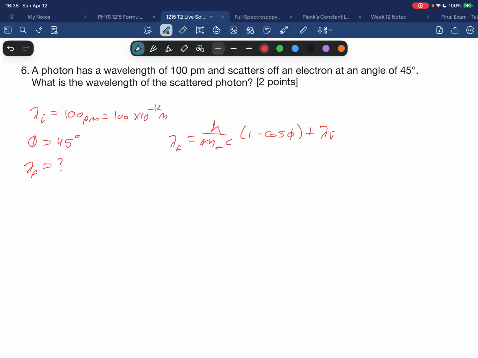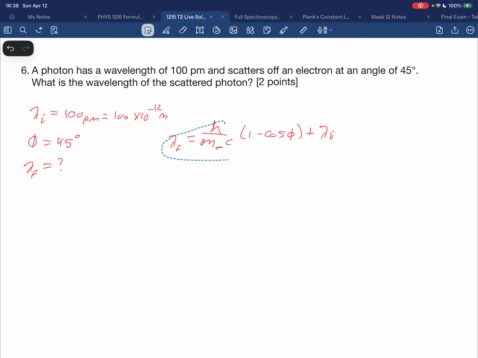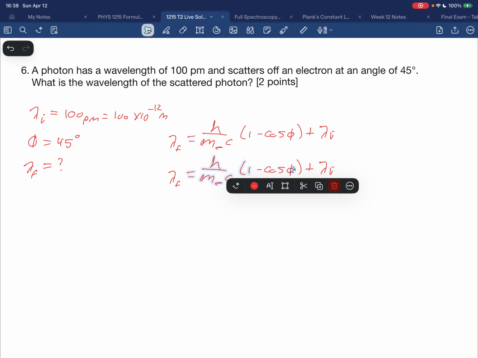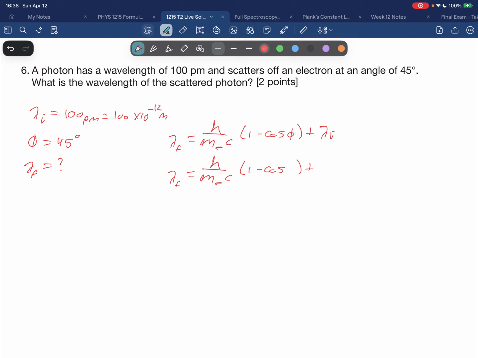It's the only difference I made here. Writing all this out again, but with substituting in 45 degrees and plus 100 times 10 to the negative 12 meters.